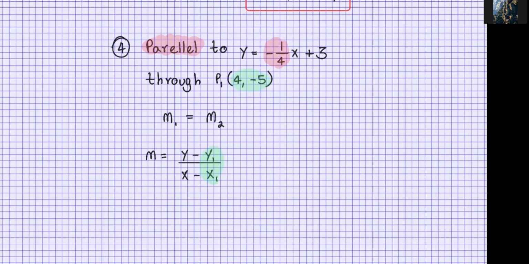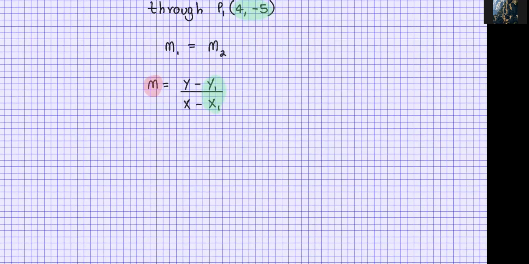And our slope will be the slope that we already have. So let's begin by doing the substitutions. We will have negative 1/4 is equal to y minus negative 5, and everything will be divided by x minus 4.